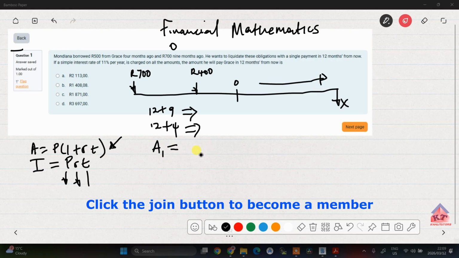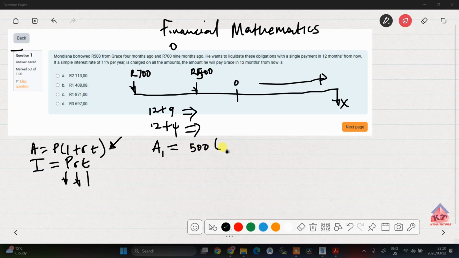So for the first case, this is going to be the accumulated sum. This is going to be the principal amount, the amount that this person borrowed. The first case, oh, this is 500, not 400. We are going to have 500 times 1, taking this from this equation here, plus we were told that the interest rate is 11%.